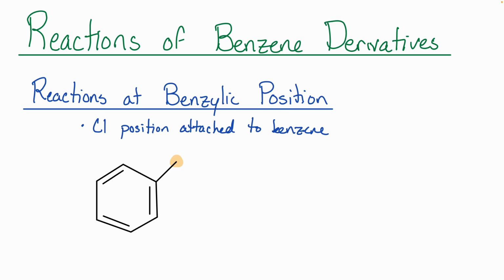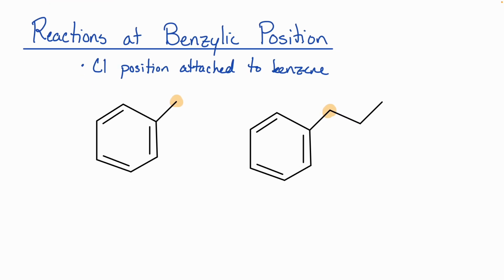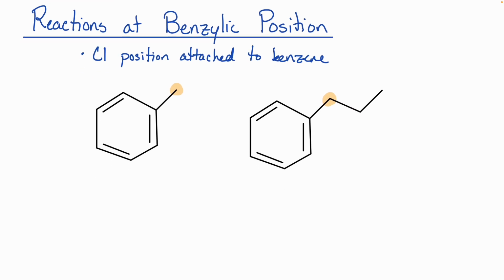If we had, for example, propylbenzene, it's got a bigger alkyl group on there. Again, that carbon that's attached to the benzene ring is that benzylic position. So these reactions will happen at that benzylic position, the carbon attached to a benzene ring.